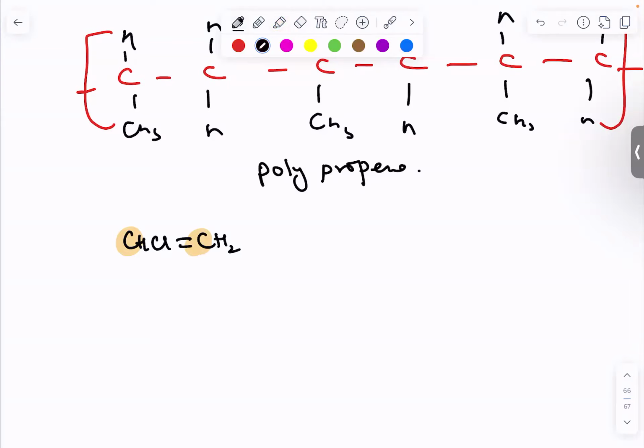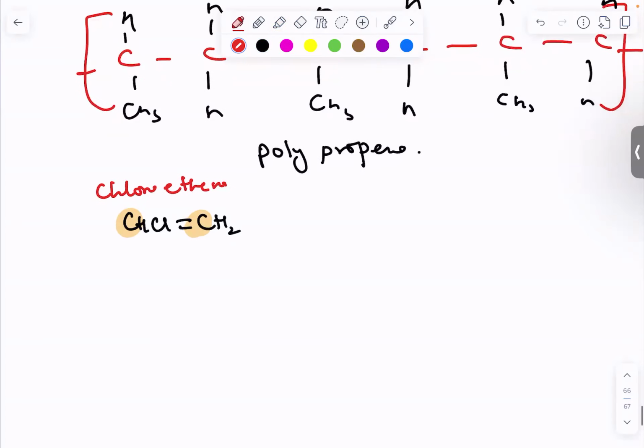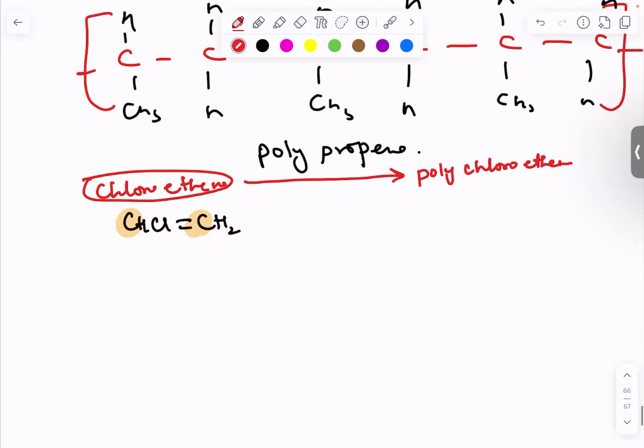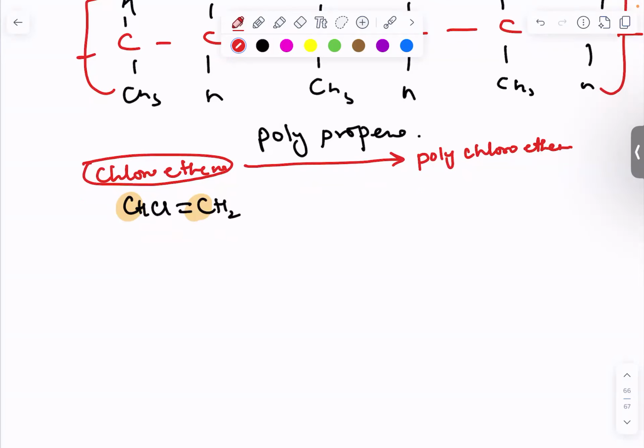Chloroethane? Well done. So it is chloroethene. So how will you arrange it, beta? First of all, tell me if the monomer is chloroethene, what would be the name of the polymer? Polychloroethene. Now, tell me how to arrange it.